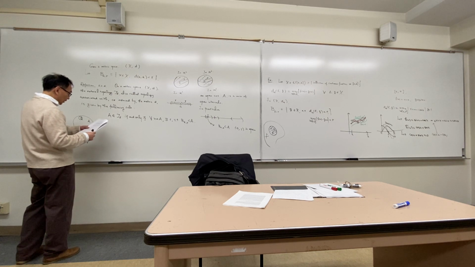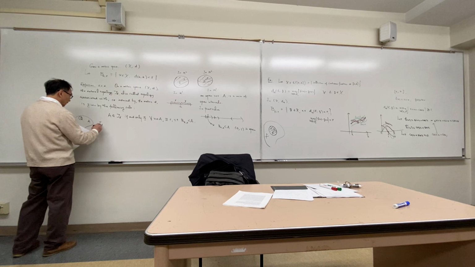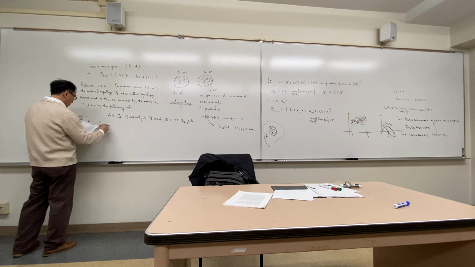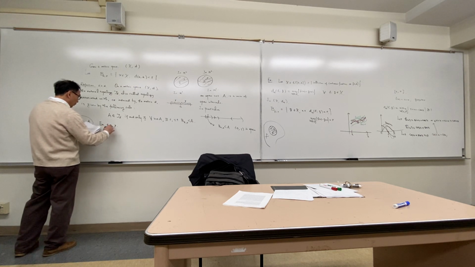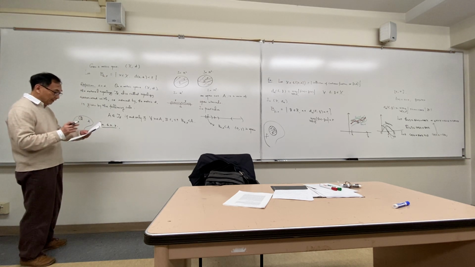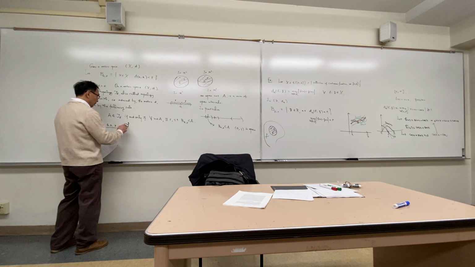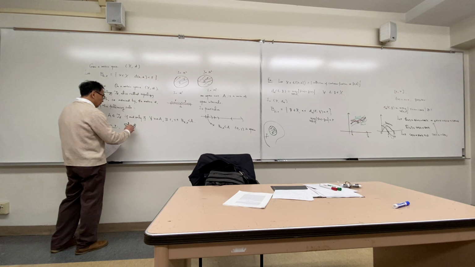Here is another example, exercise 5.2.2. It says to show that this closed ball is always a closed set. Now try to understand this concept more clearly.